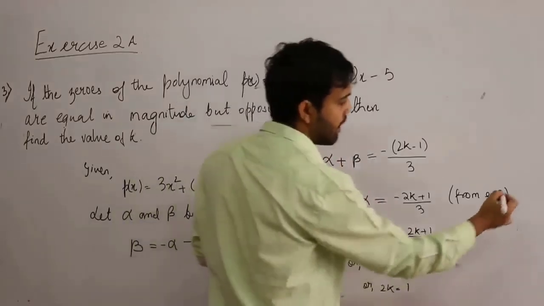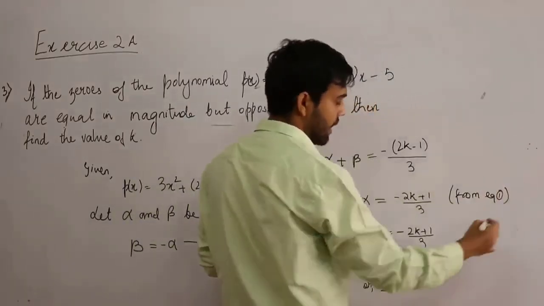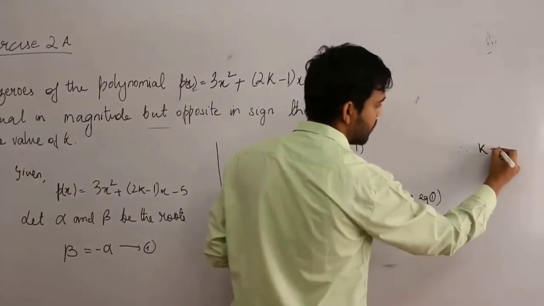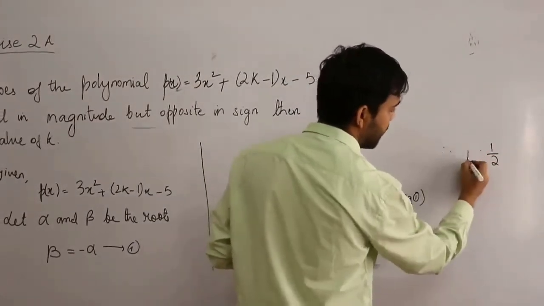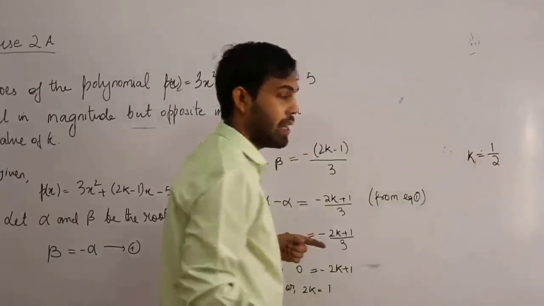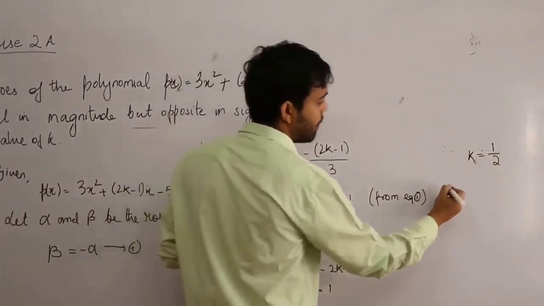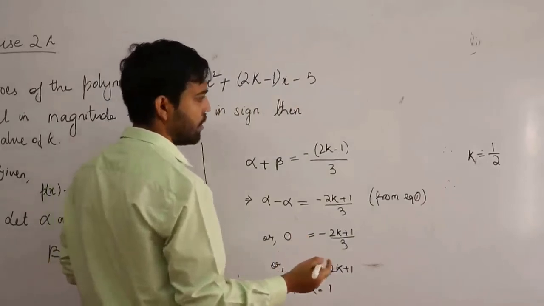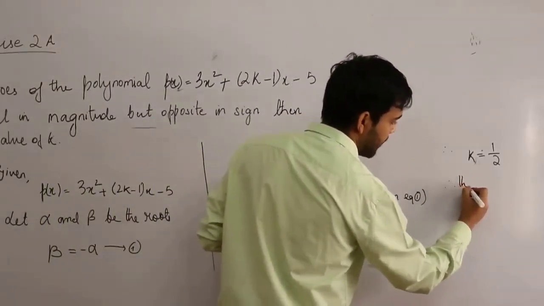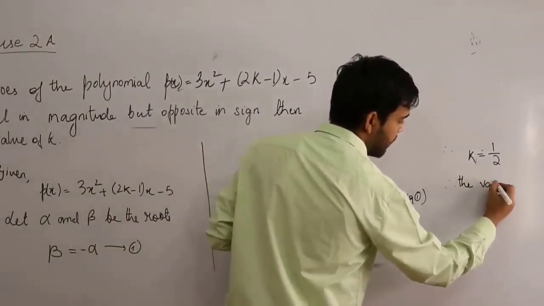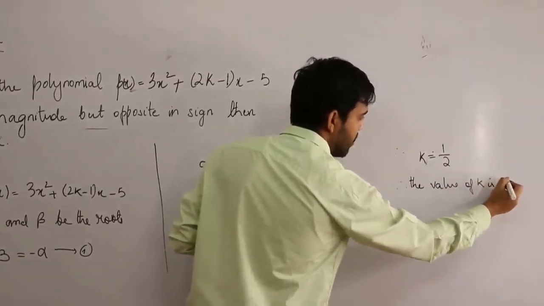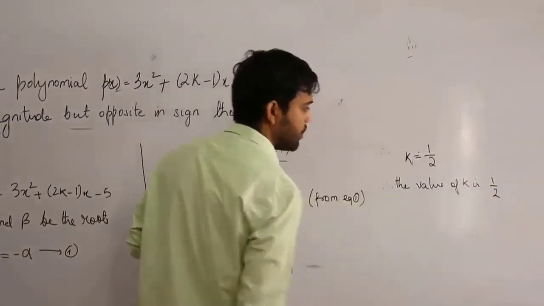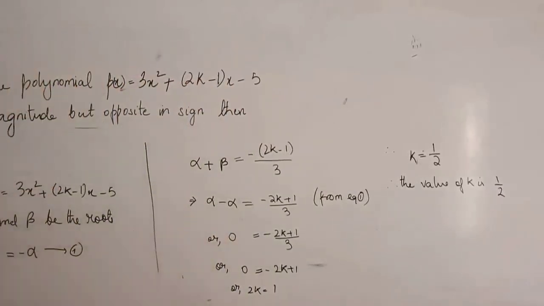Therefore the value of k is equal to 1 by 2. The question was asking me to find the value of k, so the value of k is 1 by 2. This is the solution for this question.